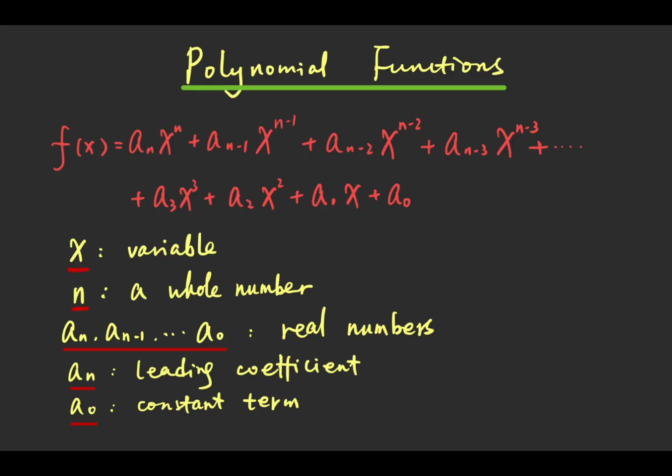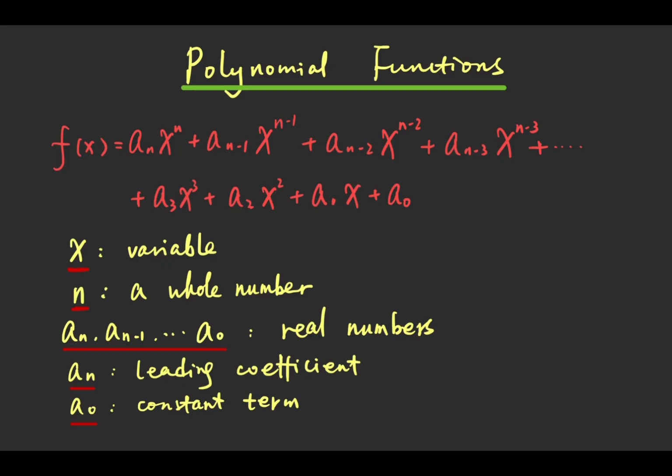For example, if for this power the coefficient a_(n-2) equals 0, this product will be 0, so we say this term can disappear. If a_1, the coefficient of this power, is 0, this term will disappear. So for the polynomial function, not every term must appear. Perhaps certain terms will disappear.